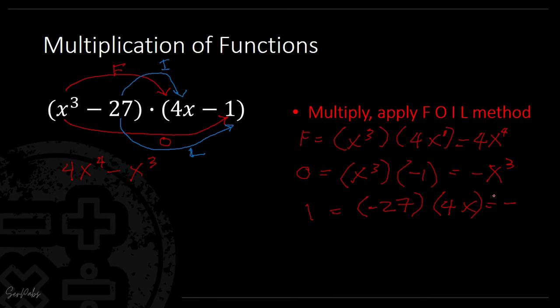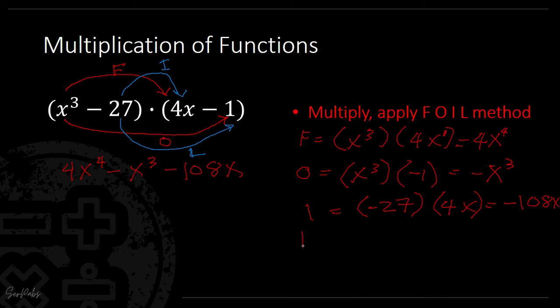Then 4 times 27, ang 4 times 20 ay 80, ang 7 times 4 ay 28, so we have 108. So negative 108. And then copy x. So, kokopyahin lang yung x, walang idadagdag na exponent kasi wala namang x yung negative 27. So, we have negative 108x.